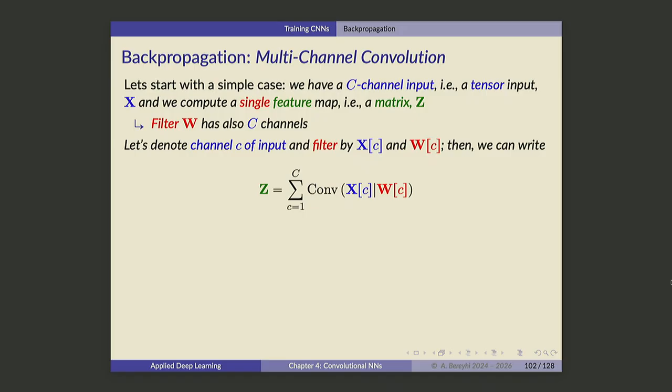And I do the same thing with this guy, so I get another map, which is the convolution of x2 with w2.